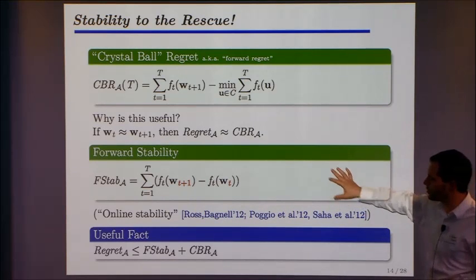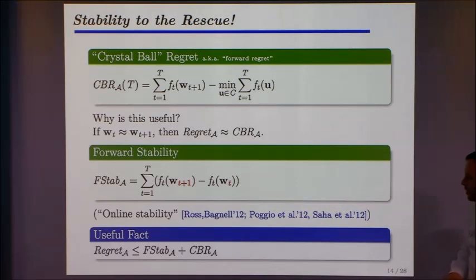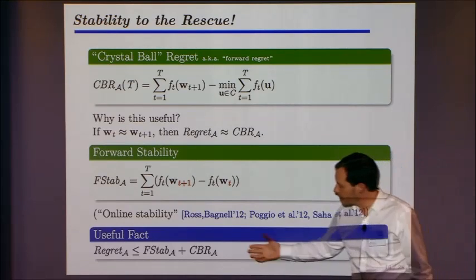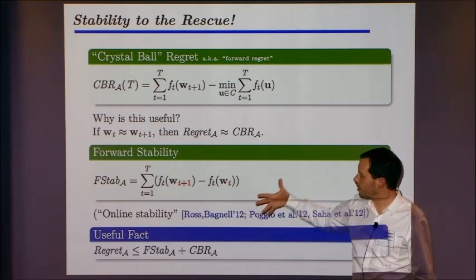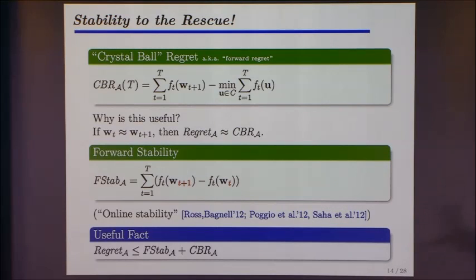This forward stability is also called online stability, I guess, or some variations on this are called online stability. There are a number of variants of this definition out there. And then the useful fact, which is obvious from the definitions, is that the regret is equal to the forward stability plus the regret in the crystal ball model, and so I just want to bound each of these two.